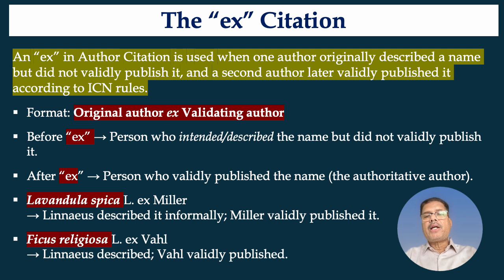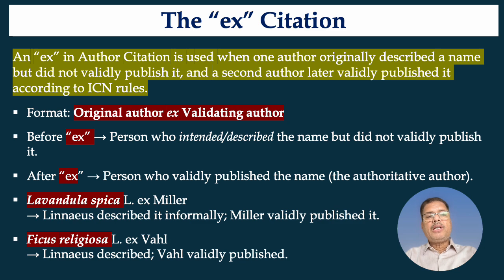The name before EX refers to the person who originally described or intended the name, while the name after the EX indicates the author who actually fulfilled all requirements for valid publication. Thus, the citation clearly reflects both the origin of the idea and the formal recognition of the taxon.